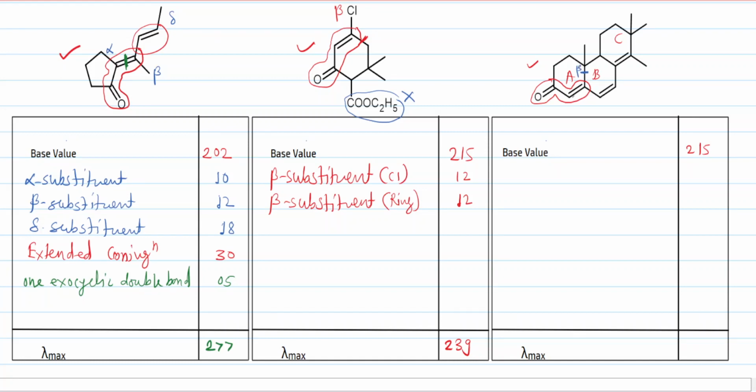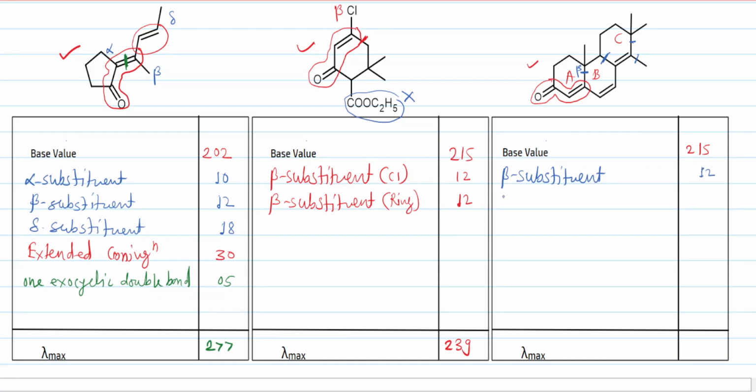Here alpha absent, beta present, gamma absent, delta absent. And above delta, this is the first, this is the second, and this is the third. So above delta, we have three substituents. First of all, I will write a beta substituent, which is nothing but the ring residue, and for that purpose we have to add 12 nanometer.